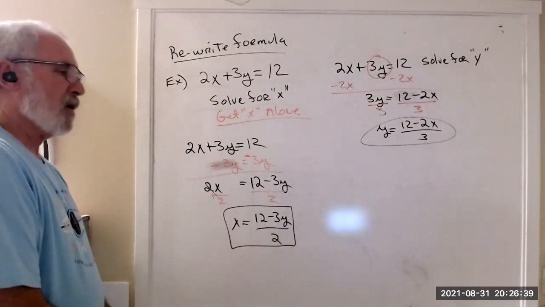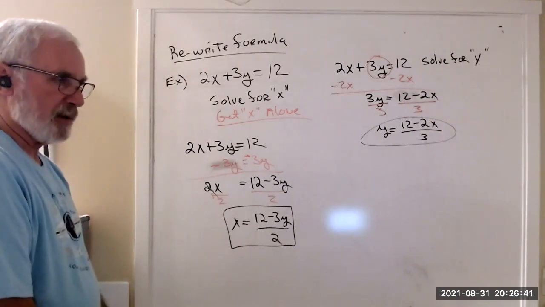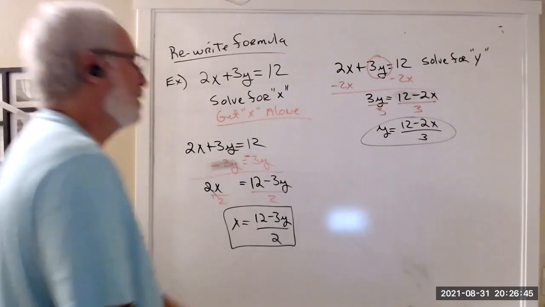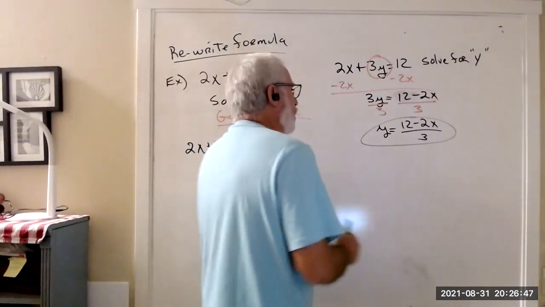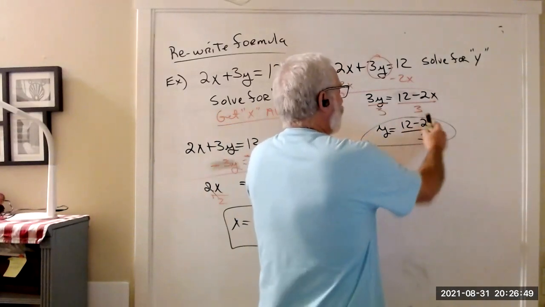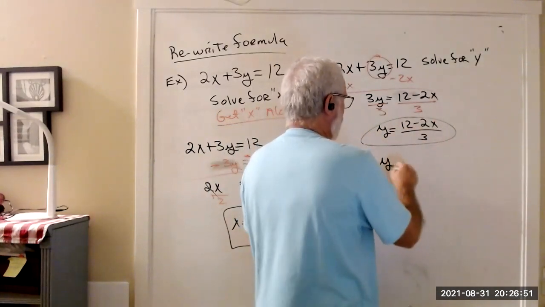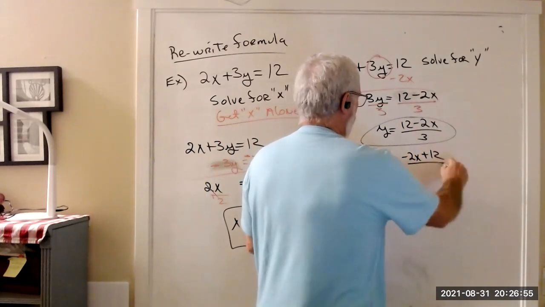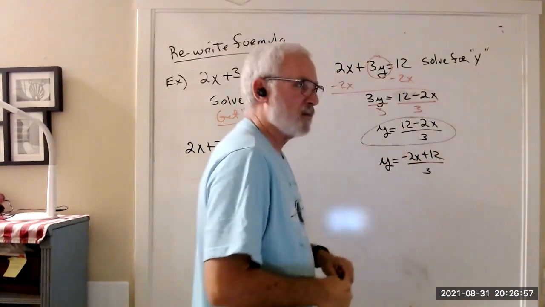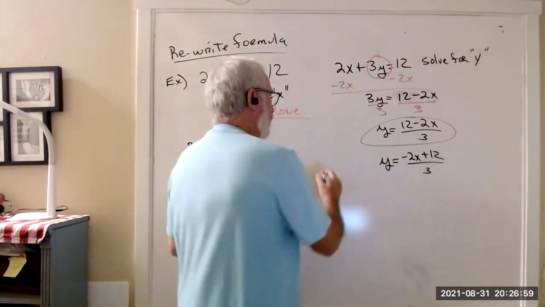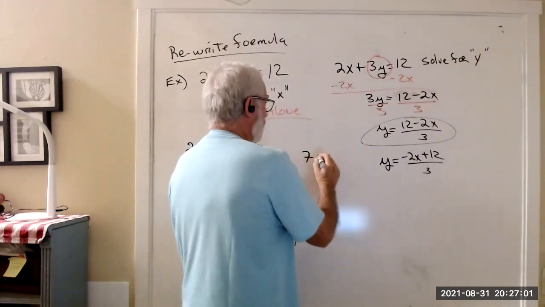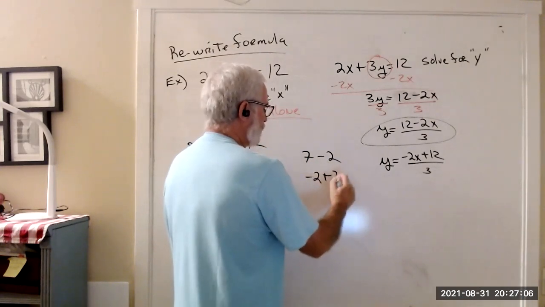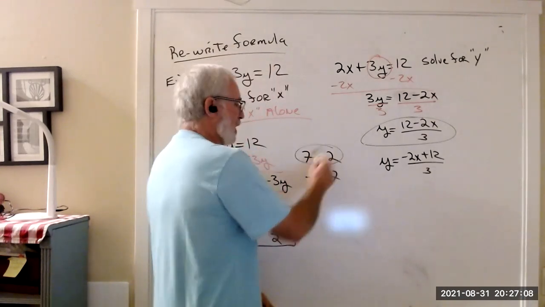Okay, now I'm going to mess with your brains a little bit. So hang on. 12 minus 2x is the same thing as minus 2x plus 12 over 3. Think about this. 7 minus 2 and negative 2 plus 7, those are the same thing.